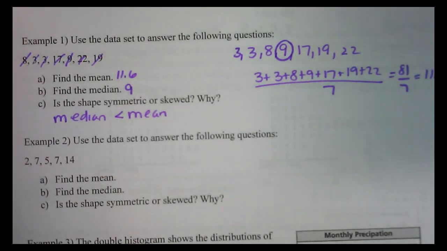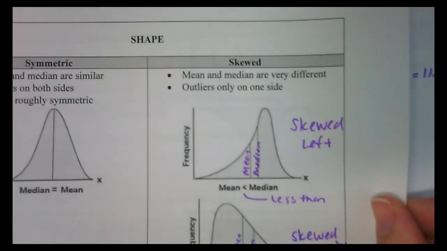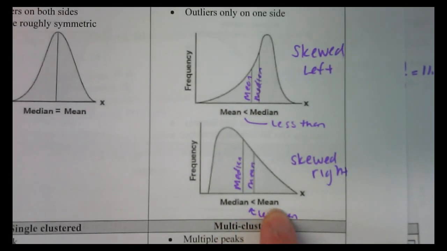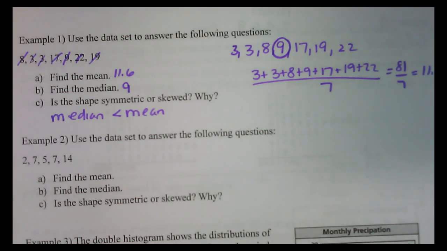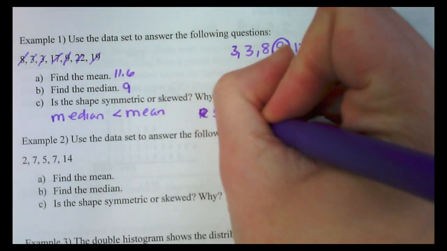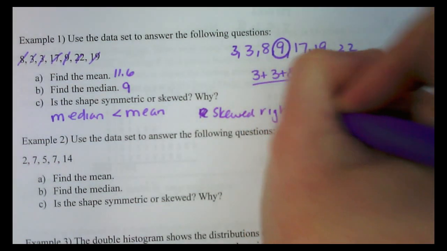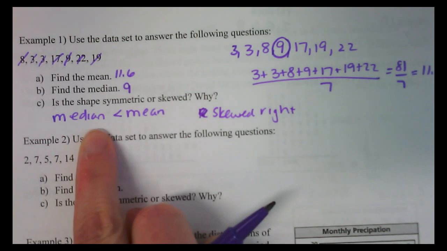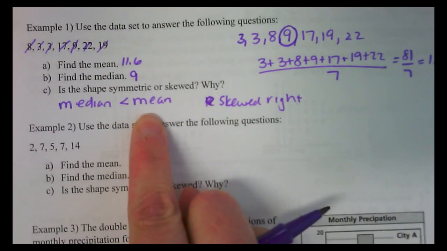So if I go back and look at what I did on the other side, when the median was less than the mean, that made it skewed right. Okay, so it's skewed right, and this is the reason. The median is less than the mean.